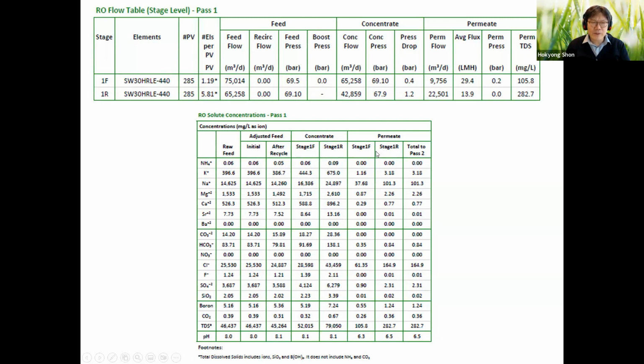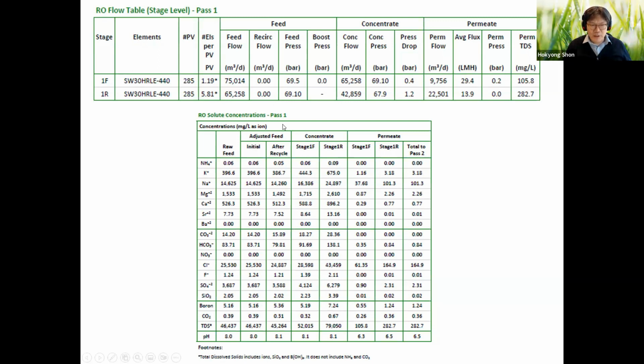The sodium concentration in your permeate and concentrate is very different. And calcium, and one of your assignment questions is about boron. Boron concentration is almost 5, and then after your permeate, 0.55.